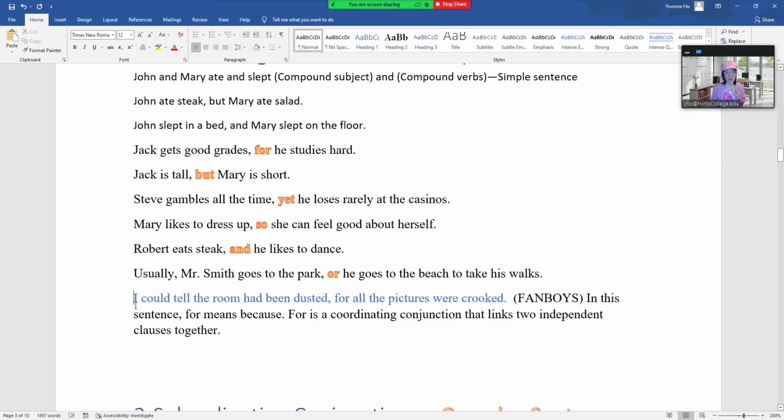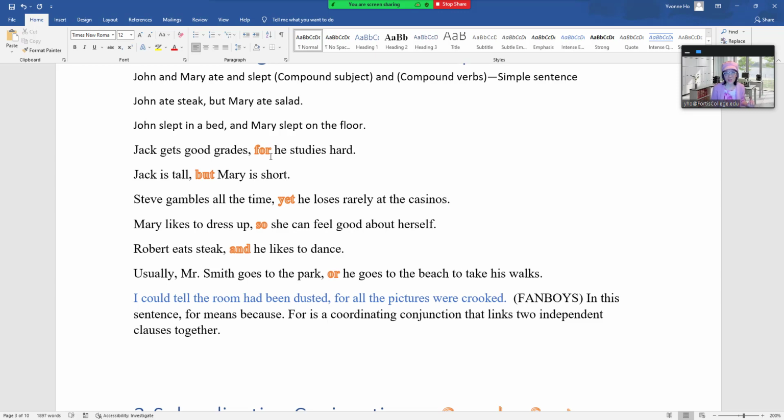So here is another example of a compound sentence. I could tell the room had been dusted, comma, for all the pictures were crooked. And here, for means because. That's a very British way of talking. British English tends to use for, while American English uses because.